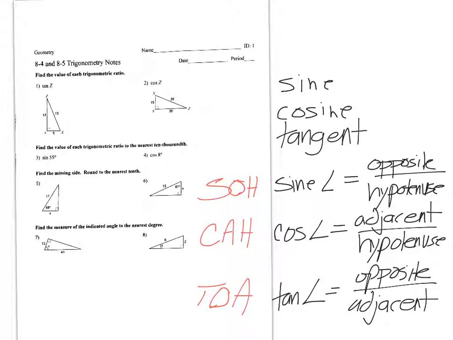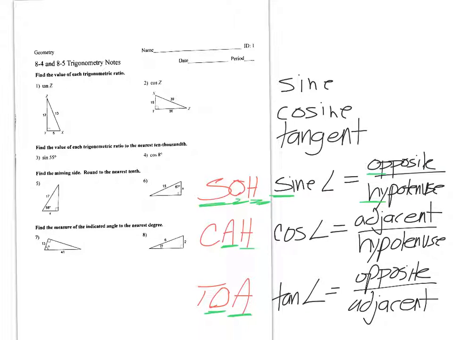So when you're looking at those letters, they're just an acronym to help you remember the ratio that you have to write. Cosine is adjacent over hypotenuse. Tangent is opposite over adjacent. So it's just a means of remembering the ratios here.